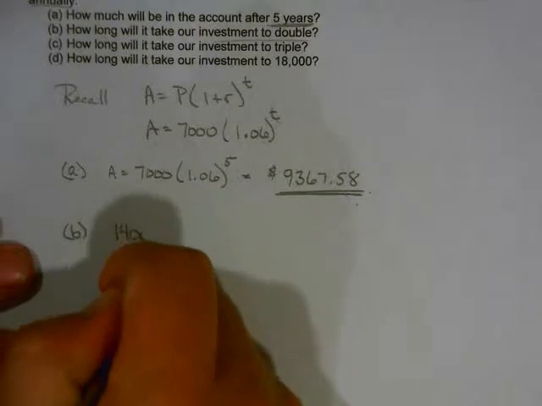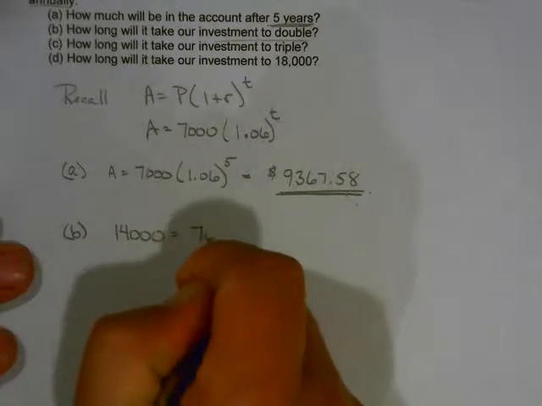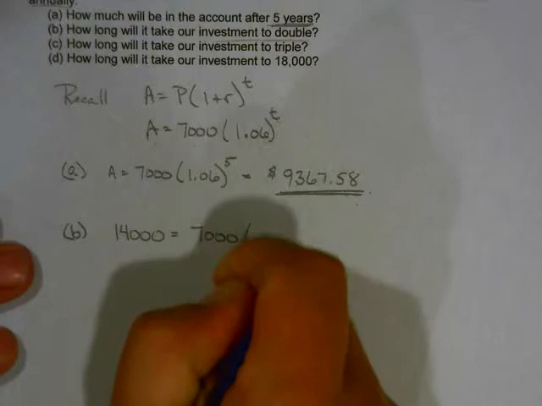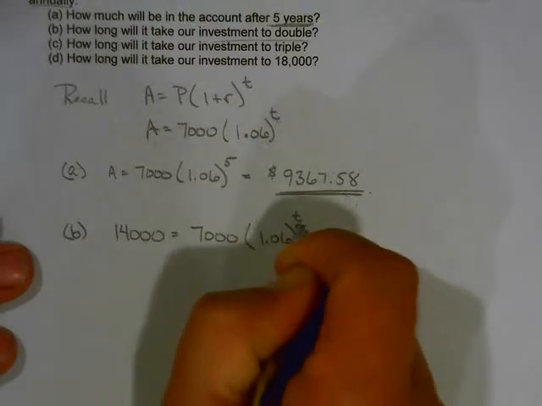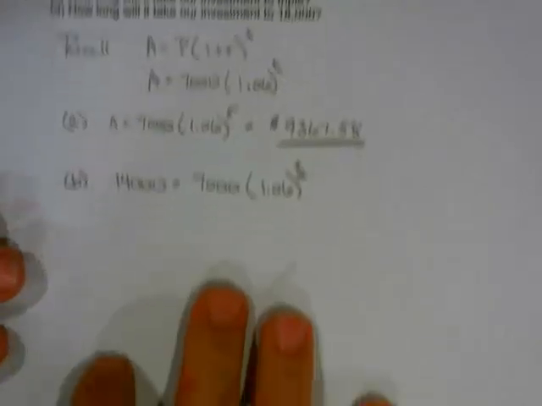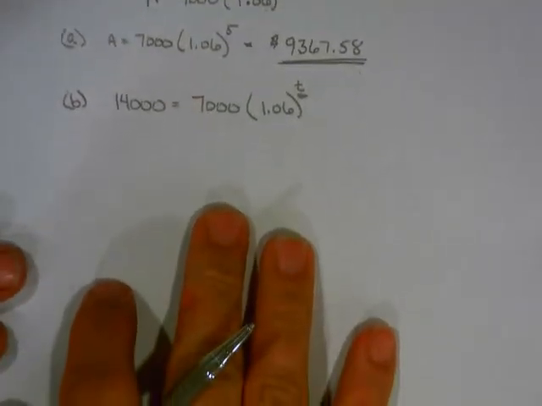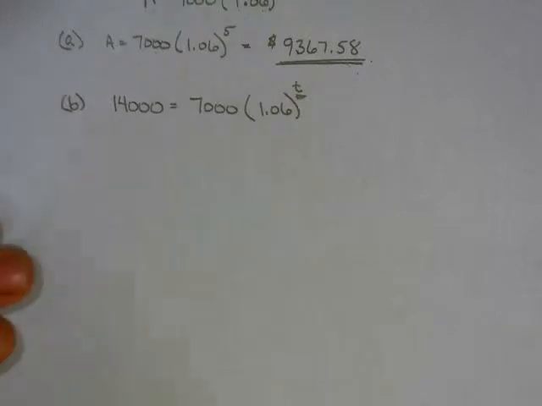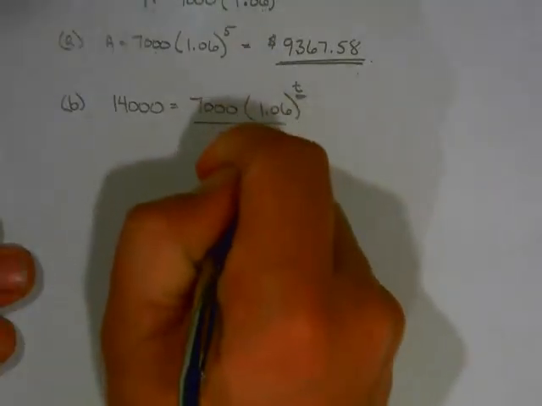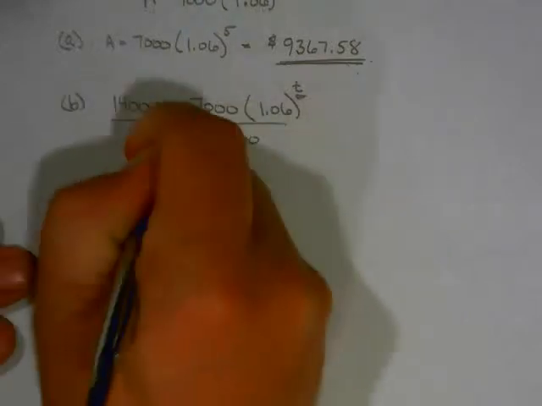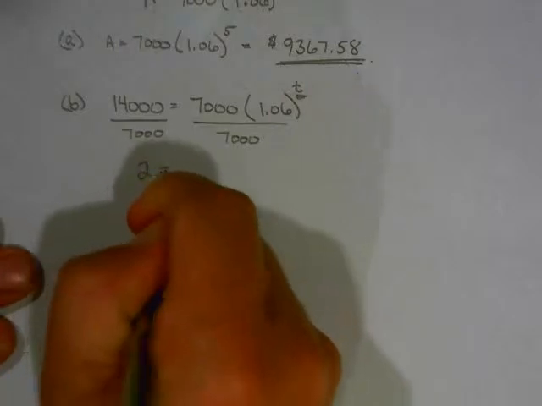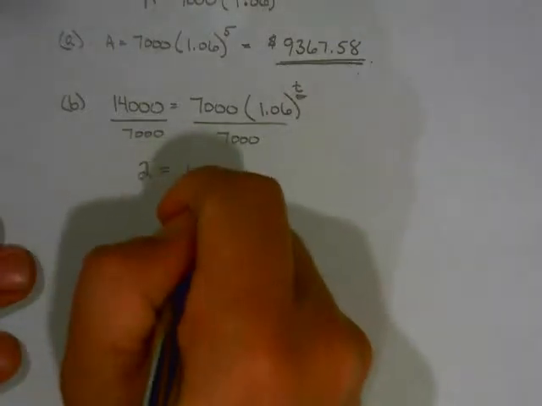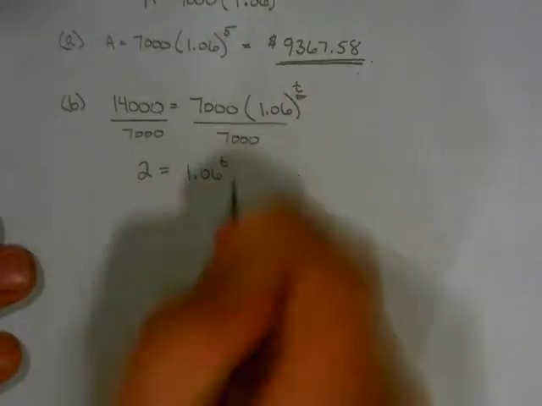So our future value of 14,000 equals 7,000 times 1.06 to the T. Again, if we're looking for how long, then we want to solve this equation. We need to solve for that exponent T, our time. Divide by 7,000. So we get 2 equals 1.06 to the T.